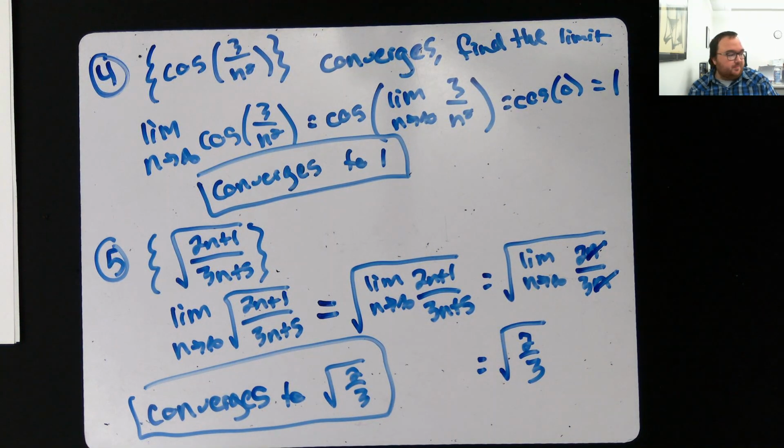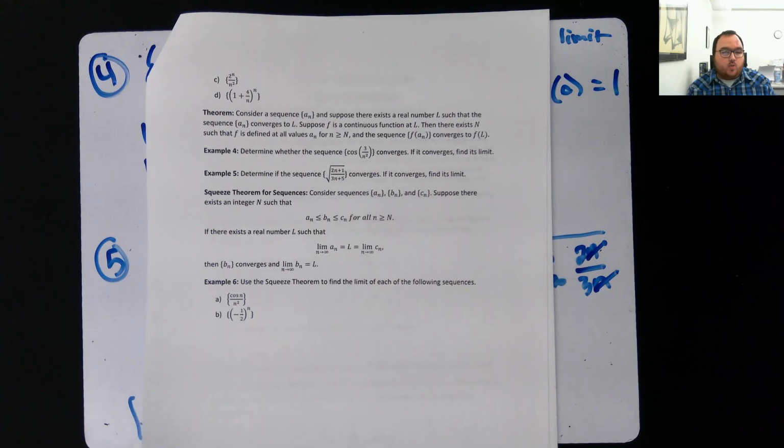That's what I have. This next thing is another thing from Cal 1. I'm just going to restate it here. The Squeeze Theorem. Consider sequences a_n, b_n, and c_n.